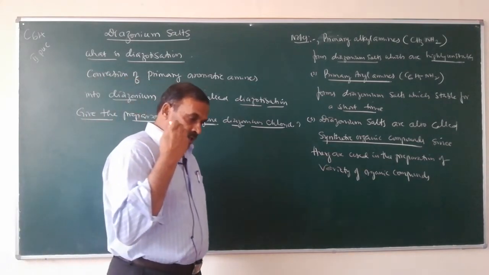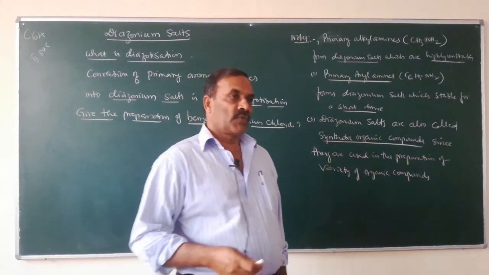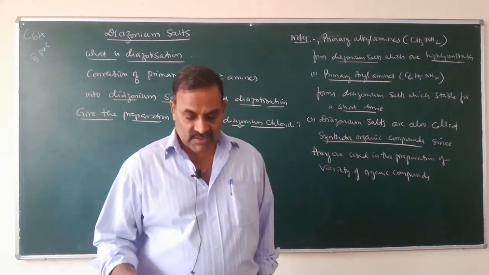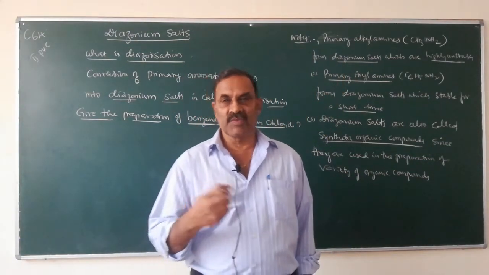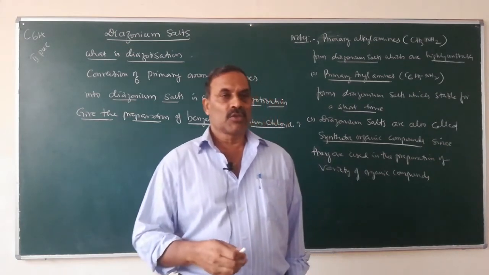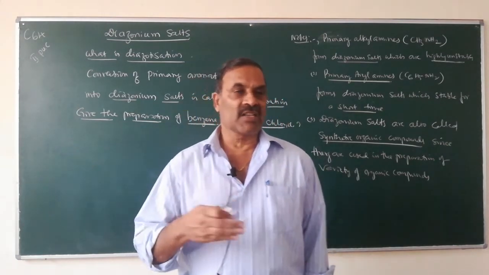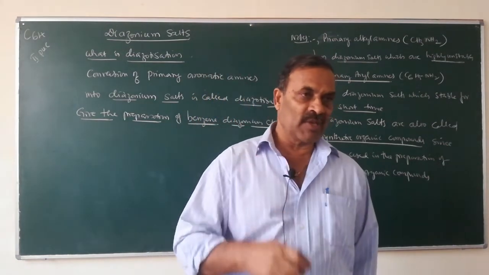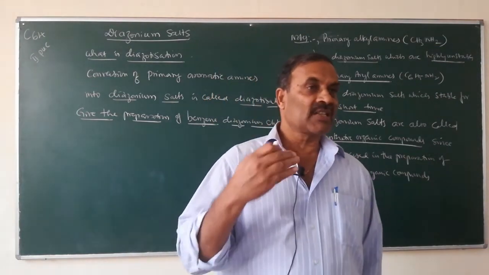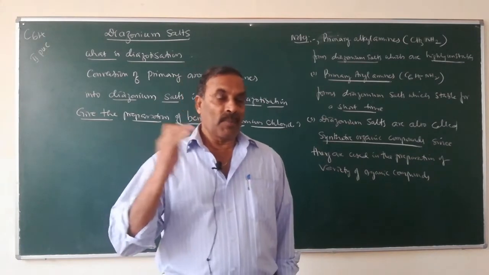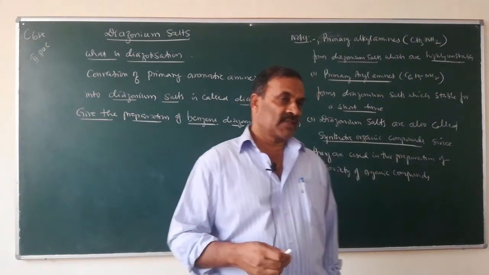So, during the reactions of amines, I have explained how diazonium salts are formed: action of nitrous acid on primary alkyl amines, action of nitrous acid on primary aromatic amines.